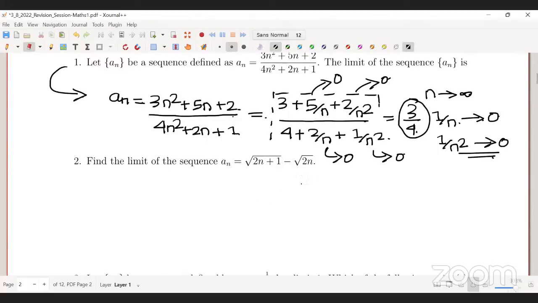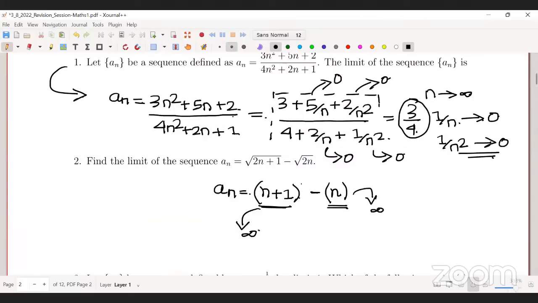See, for example, infinity minus infinity is an indeterminate form. Suppose you take this sequence, n plus 1 minus n, right? Now this part goes towards infinity, and this part also goes towards infinity.